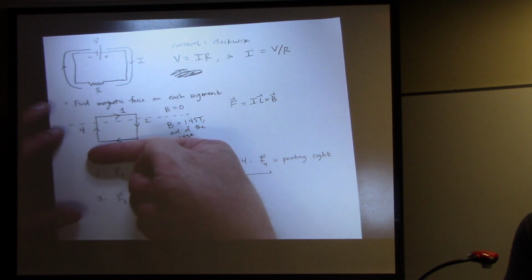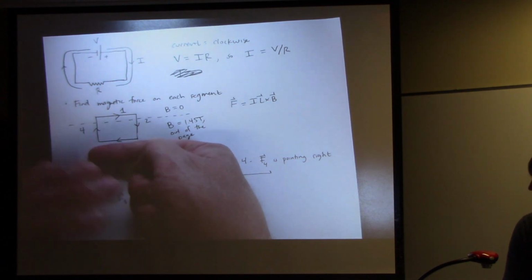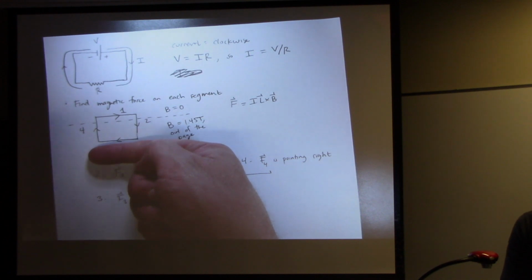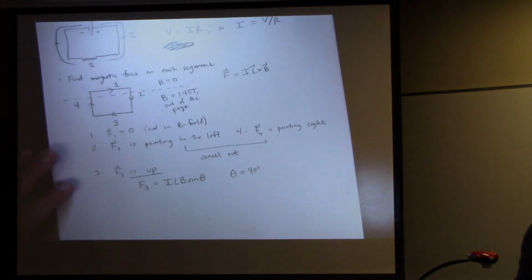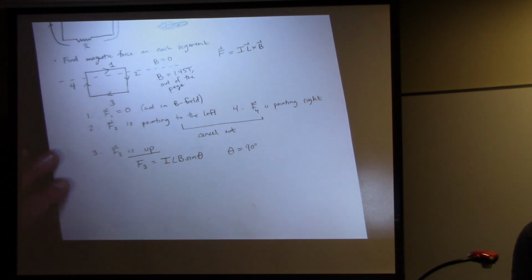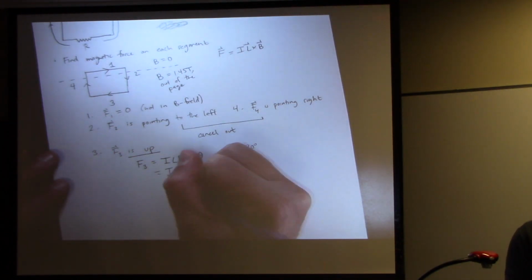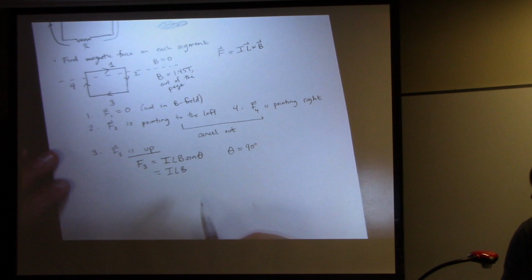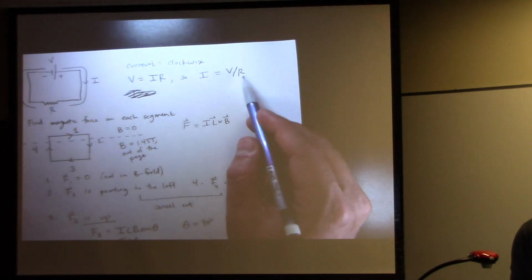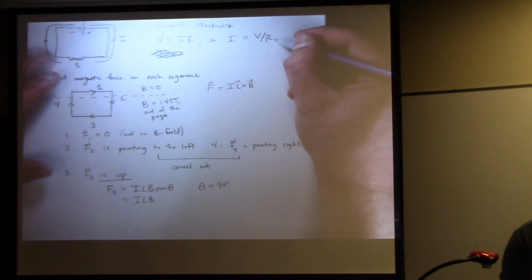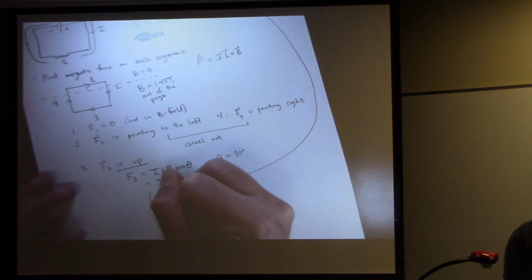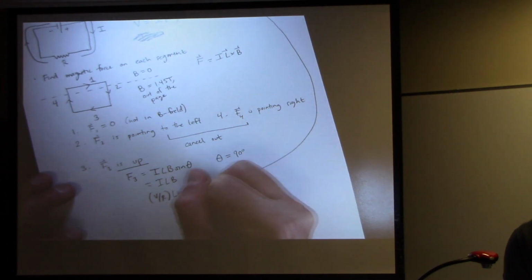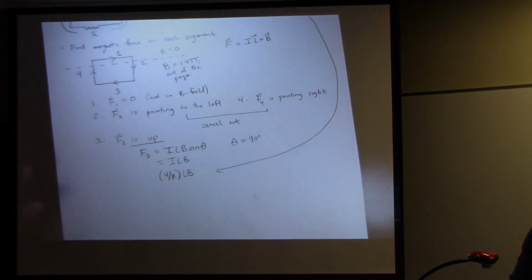If I have something going on the plane of the page to the left and a B field coming out of the page, they make a 90-degree angle with respect to each other. And sine of 90 is just 1, so I can just write this as ILB. But wait, over here, I said the current is V over R, so let's bring that result down here. I have V divided by R times LB. That is going to be the force from the magnetic field.